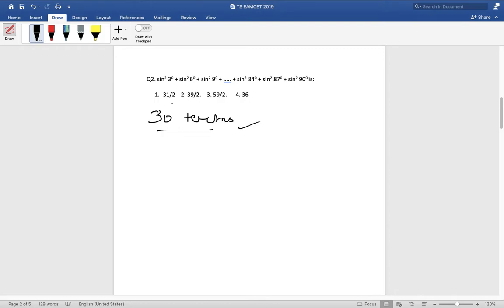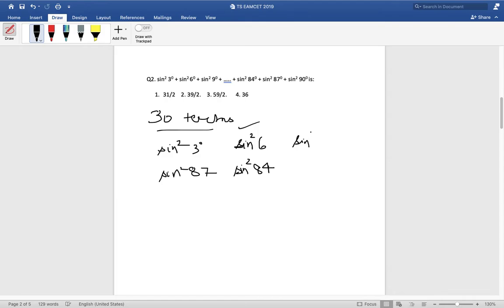Okay, now that we have 30 terms, I want to write it in this way. Sine square 3. I will write sine square 87 below this one. Sine square 6, I will write sine square 84 below sine square 6.